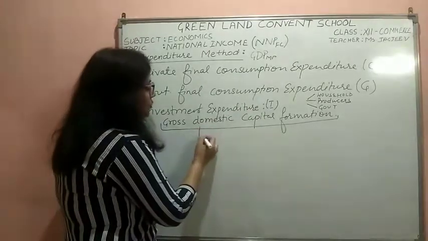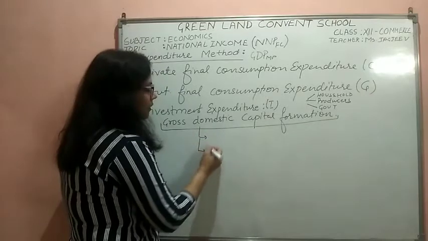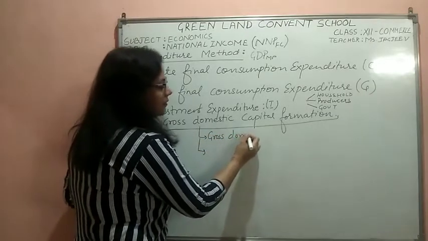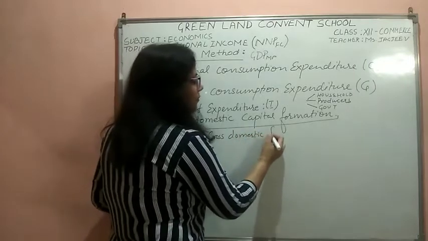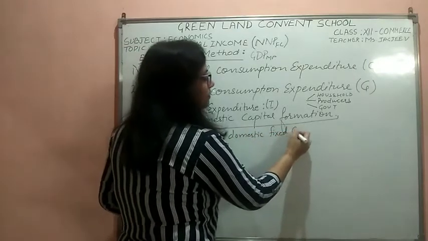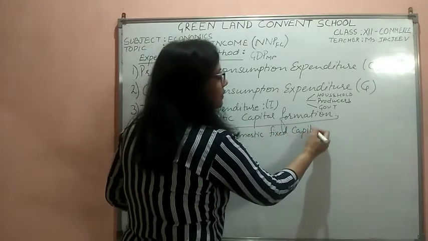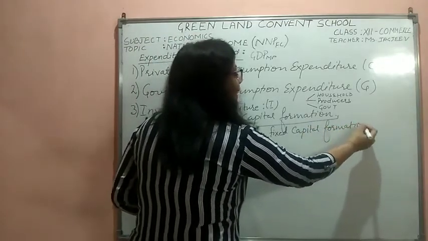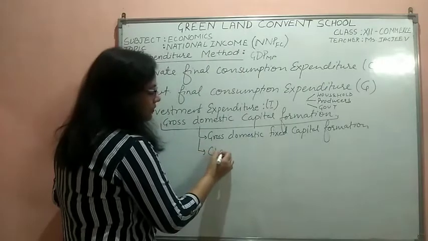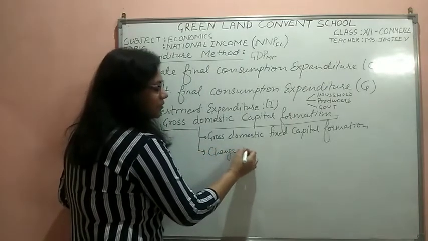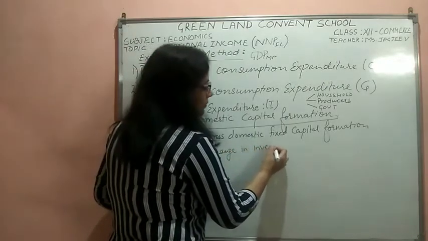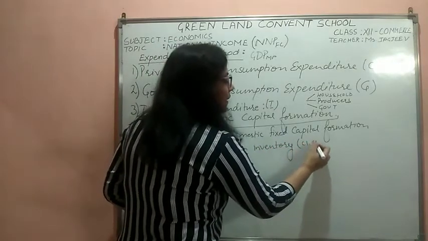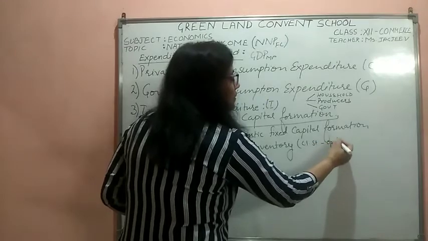It has two further components: gross domestic fixed capital formation and change in inventory, which is closing stock minus opening stock.